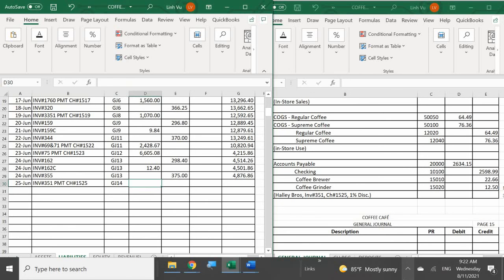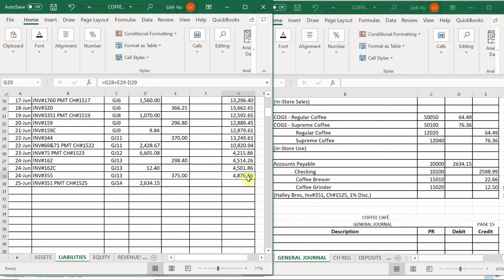Oh, I have to go back to that amount because it's a debit for 2634.15. Okay, so it should give you a new ending balance of, let's see here, I got 2242.11.